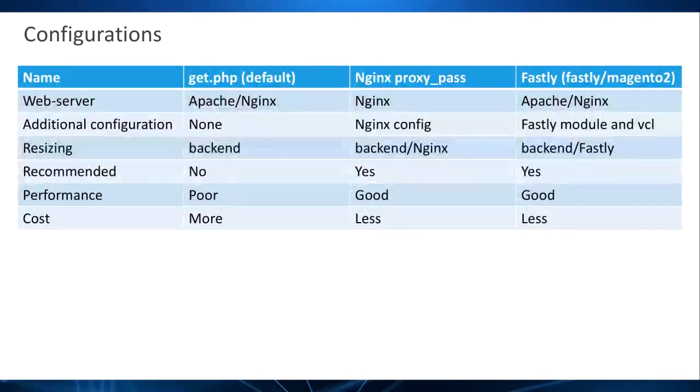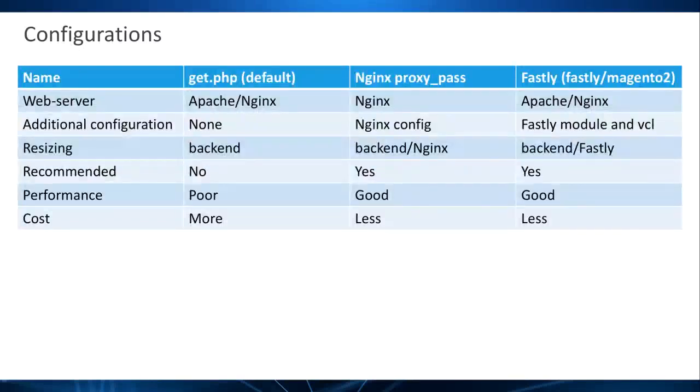To achieve this, we added a new configuration to the system configuration, which allows you to provide the needed arguments for height and width within the URL to your image.